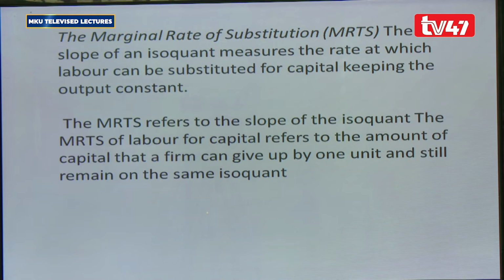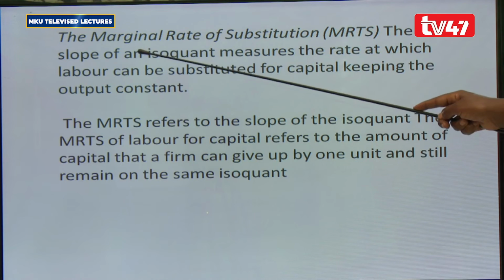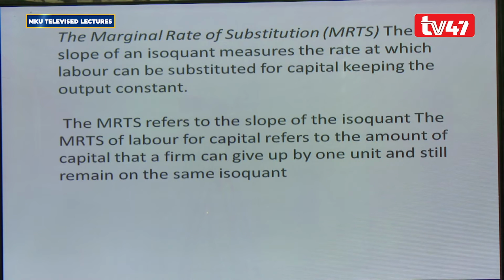I talked about a slope on the isoquant curve. That slope is referred to as the marginal rate of technical substitution, MRTS, which is the rate at which the producer is willing to substitute K for L. At what point will he want to use more capital?